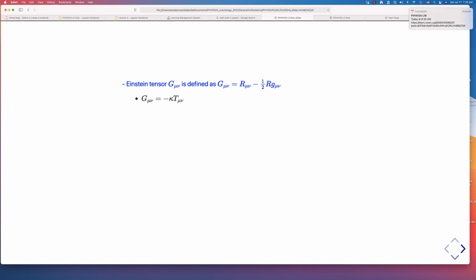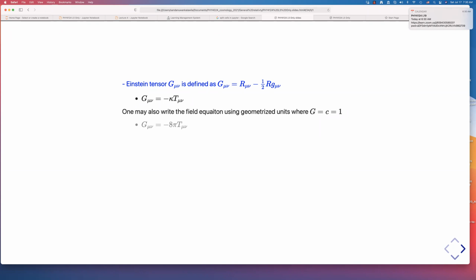Right, and using that, you can directly write the Einstein equation in this way: G mu nu equal minus kappa times T mu nu. And sometimes people use geometrized units where you set G and c to be 1 and rewrite these equations. So that is G mu nu equal minus 8 pi T mu nu, right?